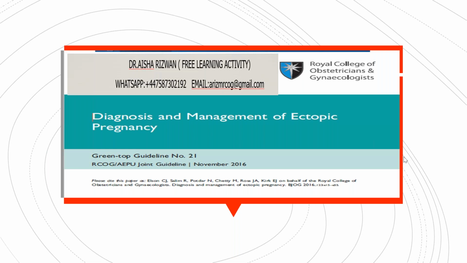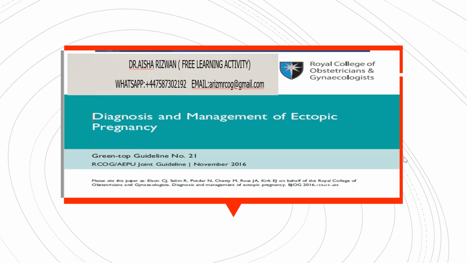Women with a previous history of subfertility should be advised that treatment of their tubal ectopic pregnancy with expectant or medical management is associated with improved reproductive outcomes as compared to surgery.